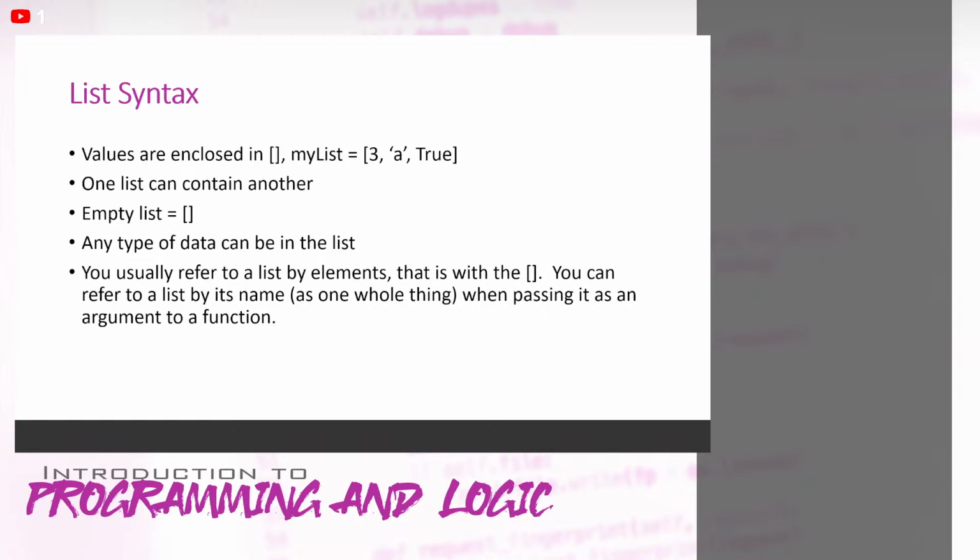The best I can think of is when we can kind of use one as a little pseudo database, right? Because we can put any data type inside of a list, including another list.